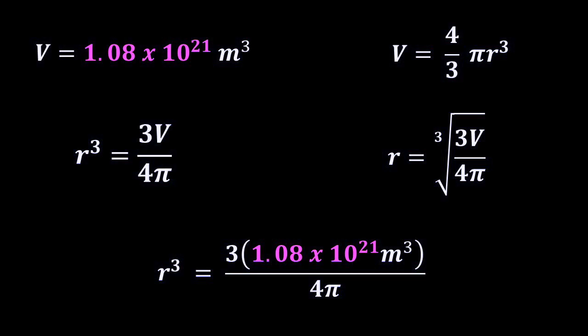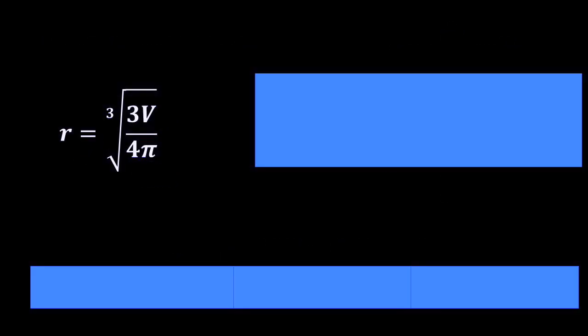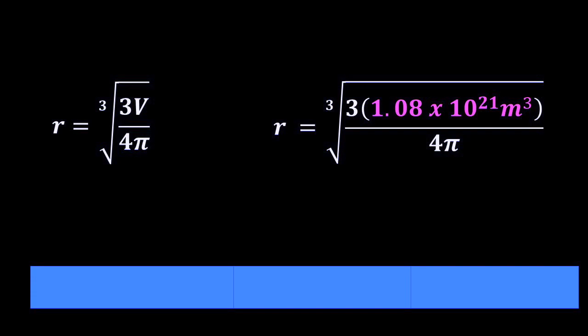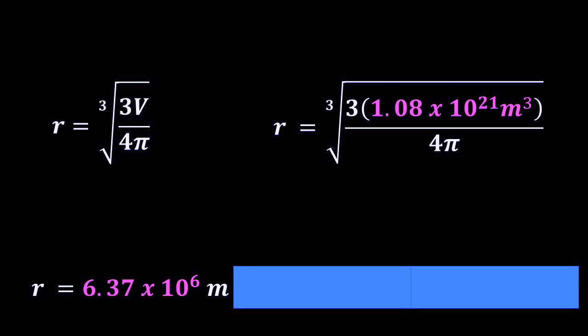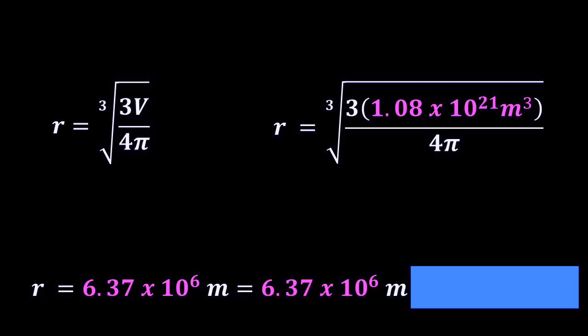Then we'll take the cube root and solve for the radius. And the radius is going to equal, relative to the normal Earth, the big Earth that we know, very large, 6.37 times 10 to the 6th meters, which for any Americans looking at this really doesn't mean much to you.